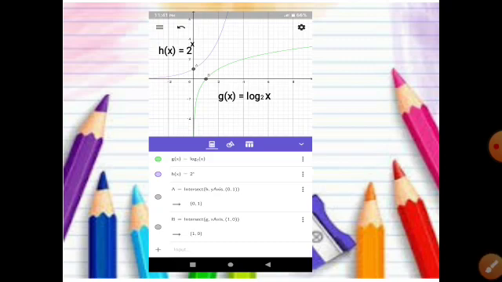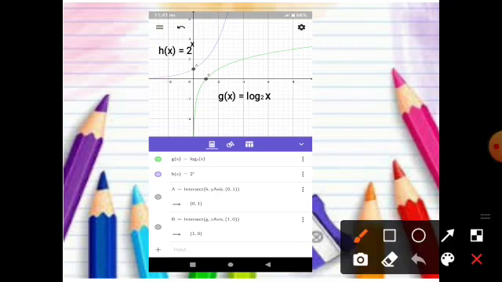Exponential and logarithmic functions have similar behavior, but the exponential function occupies quadrant 2 and quadrant 1, while the logarithmic function occupies quadrant 1 and quadrant 4.